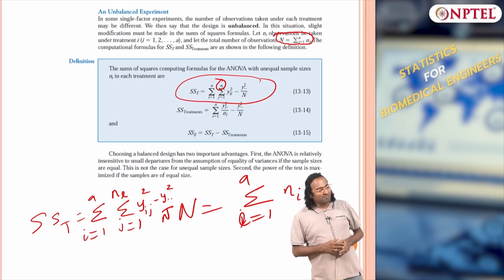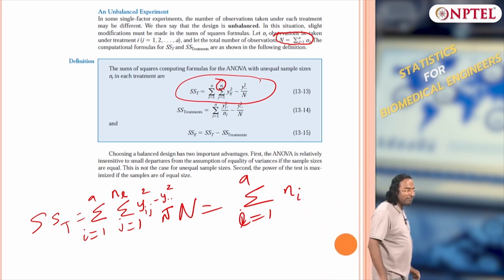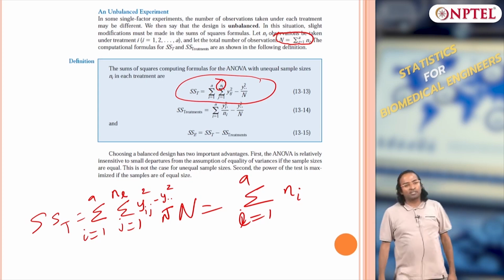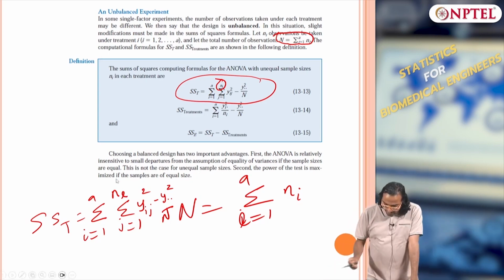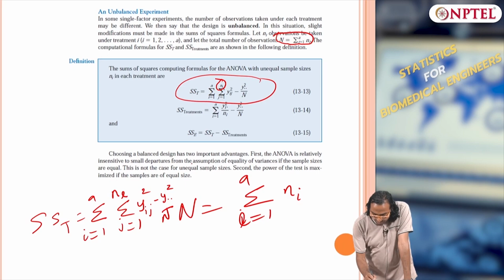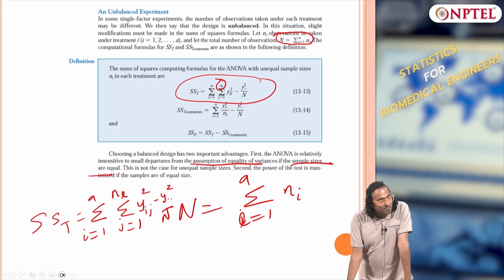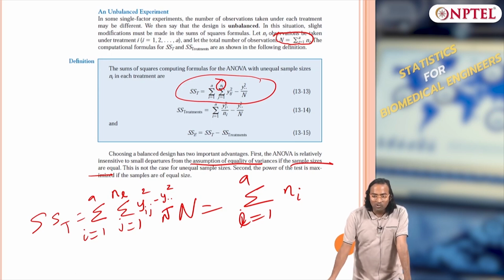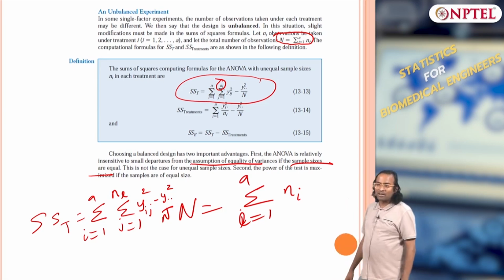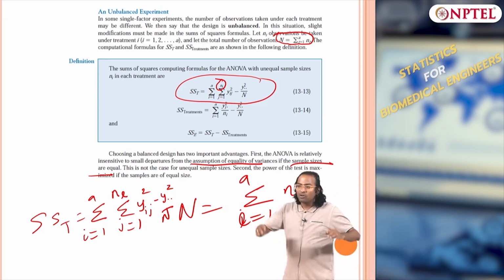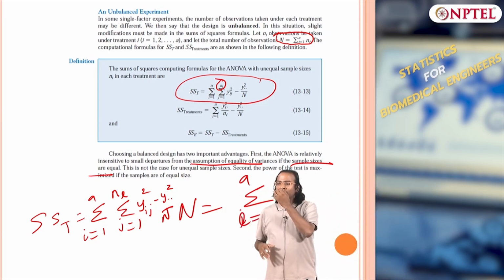So, it is important to keep the experiment balanced as much as possible. The test is insensitive to small departures from the assumption of equality of variances if the sample sizes are equal. If the sample sizes are unequal, then the estimate of variance becomes itself a problem, and therefore all your underlying results will be at stake if you are too unbalanced.